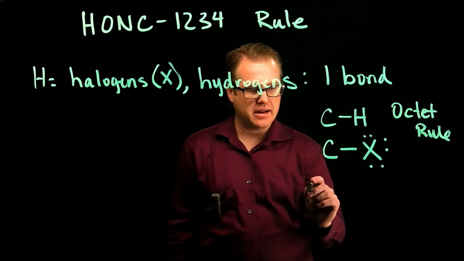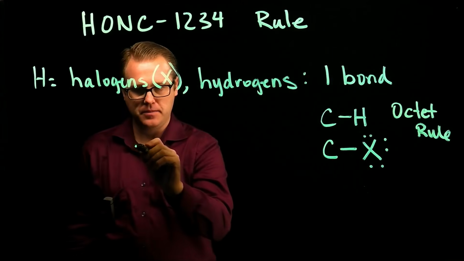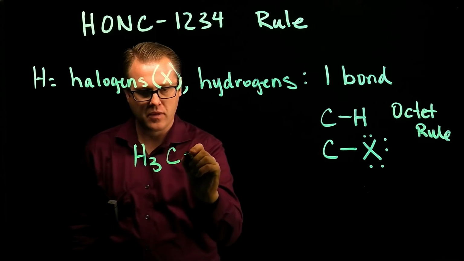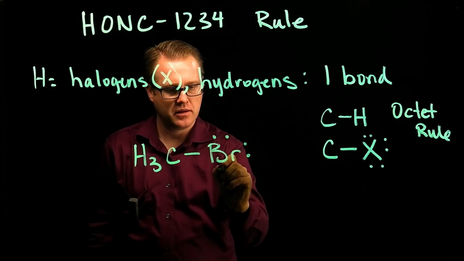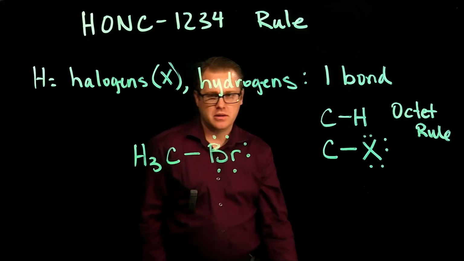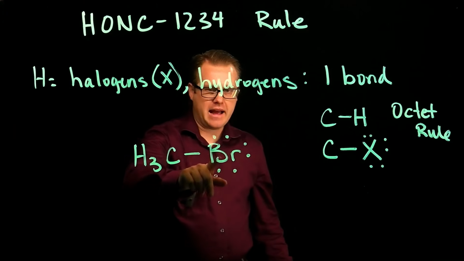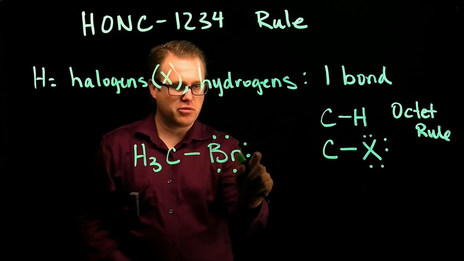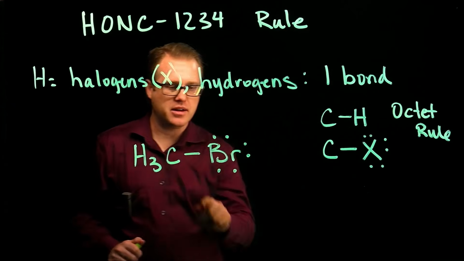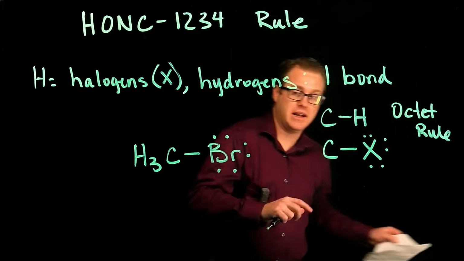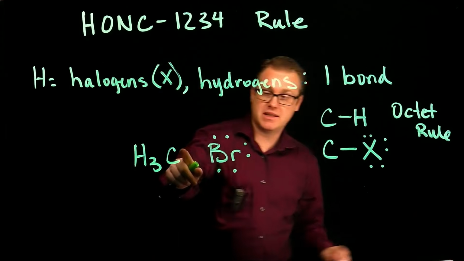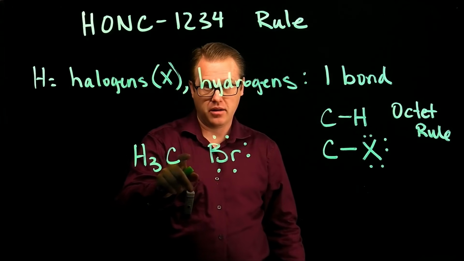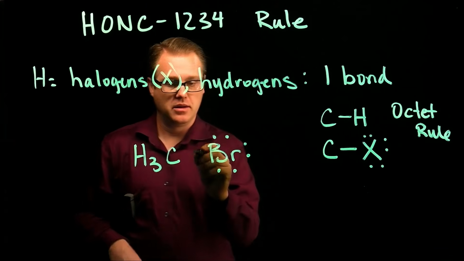So if I look at an example like this, let's look at this methyl bromide here. When we take a look at the halogen, we see that there's 3 lone pairs, but how many electrons does it need? Well, it needs to have an octet. And that single bond that I had drawn right here, that is a sigma bond.